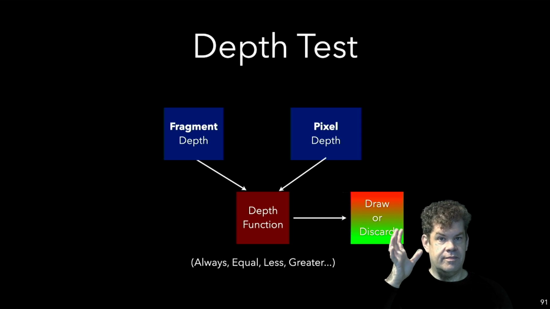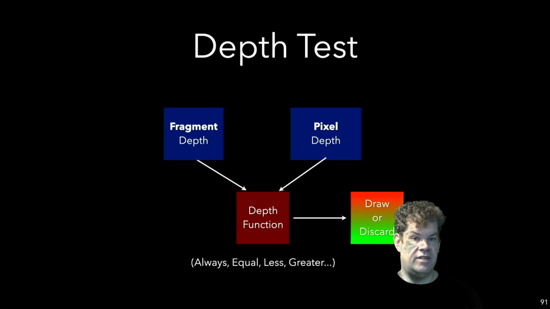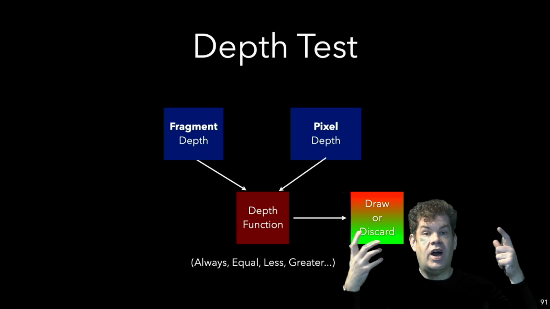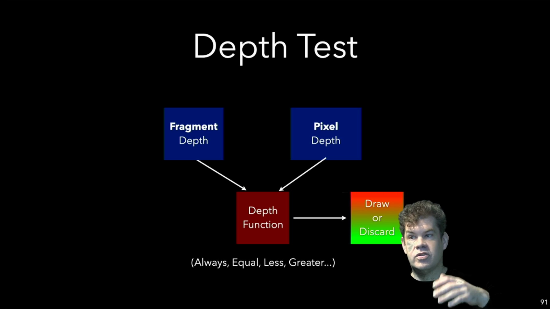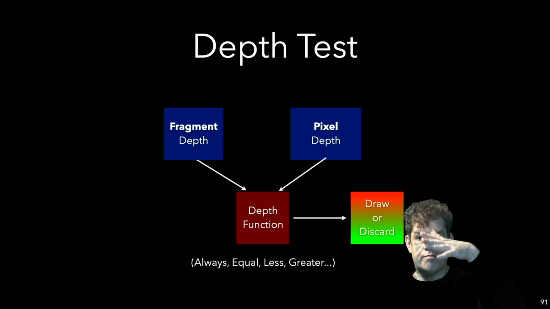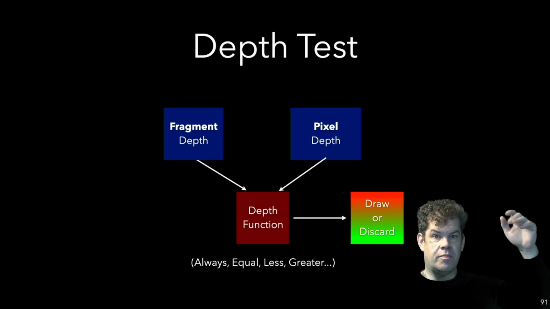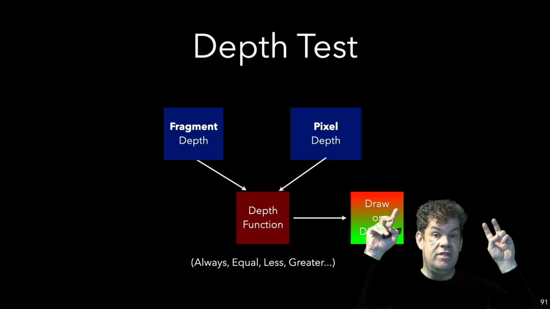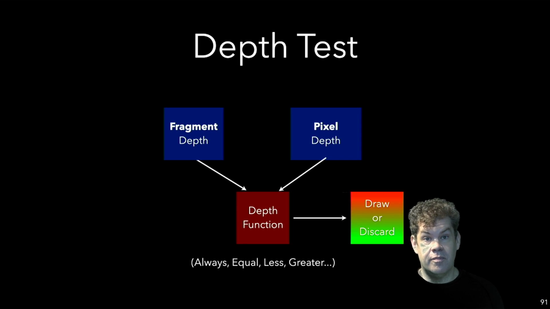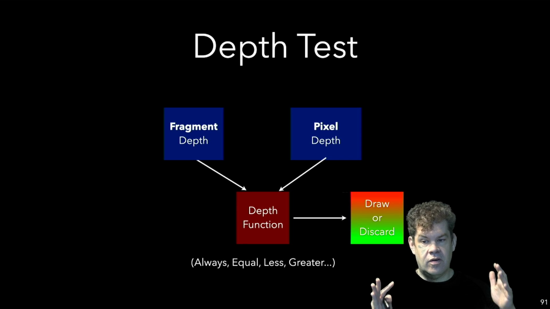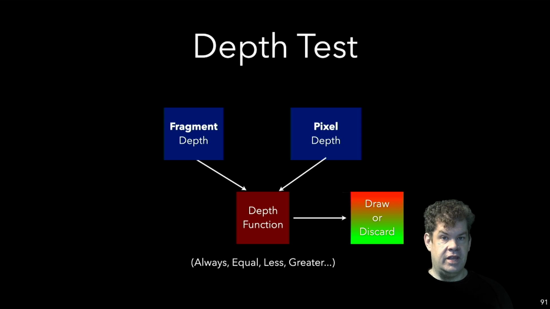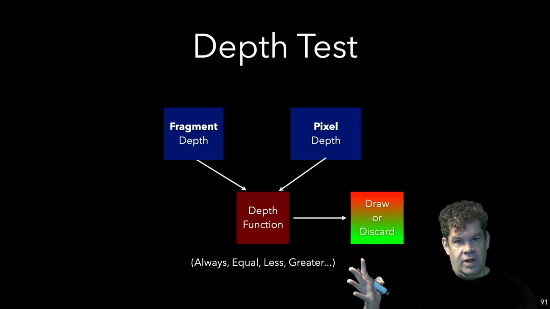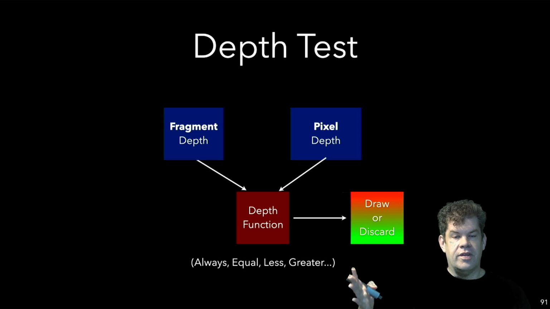Okay, but again, you can use it for other things other than depth. You could do an alpha test by just, in your fragment, saying fragment.z equals fragment.alpha. Voila, you copied your alpha value into your z value, you enable your depth test, and suddenly you get something that is based on alpha. Okay, so very misleading name.